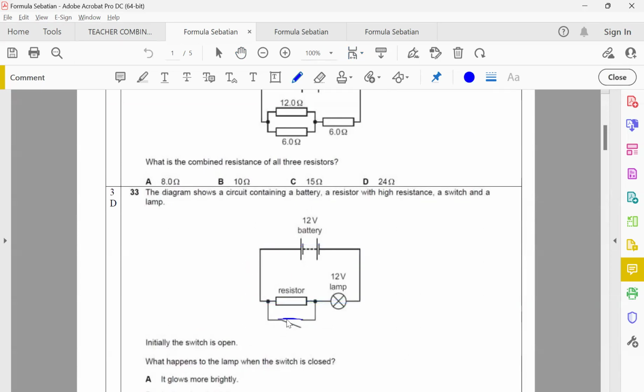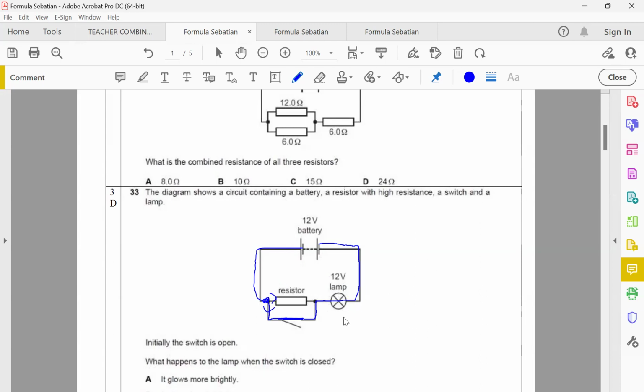But as soon as the switch is closed, when the current flows until here, it will choose to either flow here or flow here, and it realizes that this path is the path of least resistance. So it will totally bypass the resistor and only flow through here, meaning instead of having 2 things, the current will only flow through 1 thing. Meaning the current is going to be higher because there's less resistance.